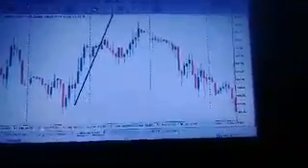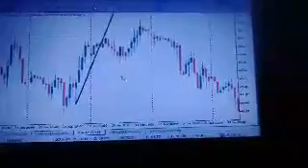Let me adjust the colors on these trend lines for better viewing on your part. Okay, so that's the black trend line. Let's just put up a few lines. Let's say that red line is your stop loss.